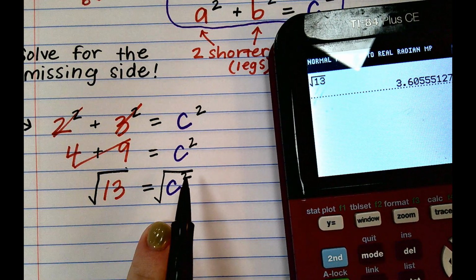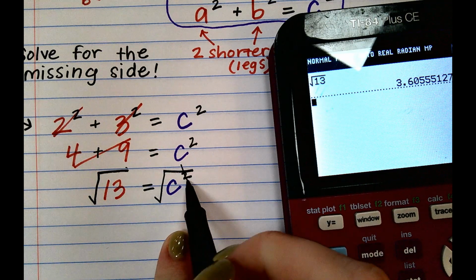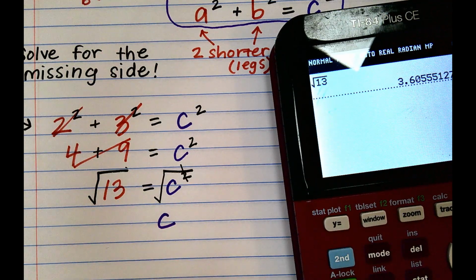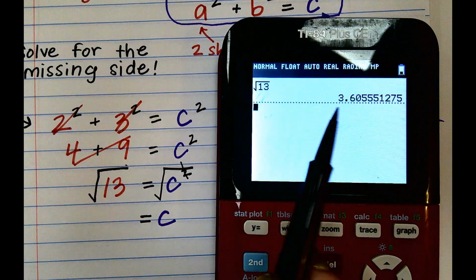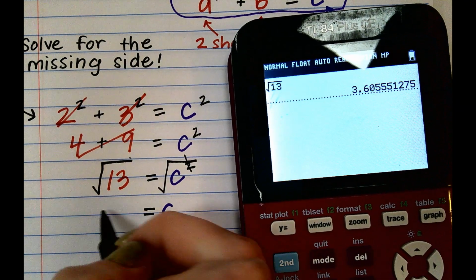So c squared is the same thing as c times c. So the square root of c squared is c. So c equals, and we just found out the square root of 13 is 3.6.